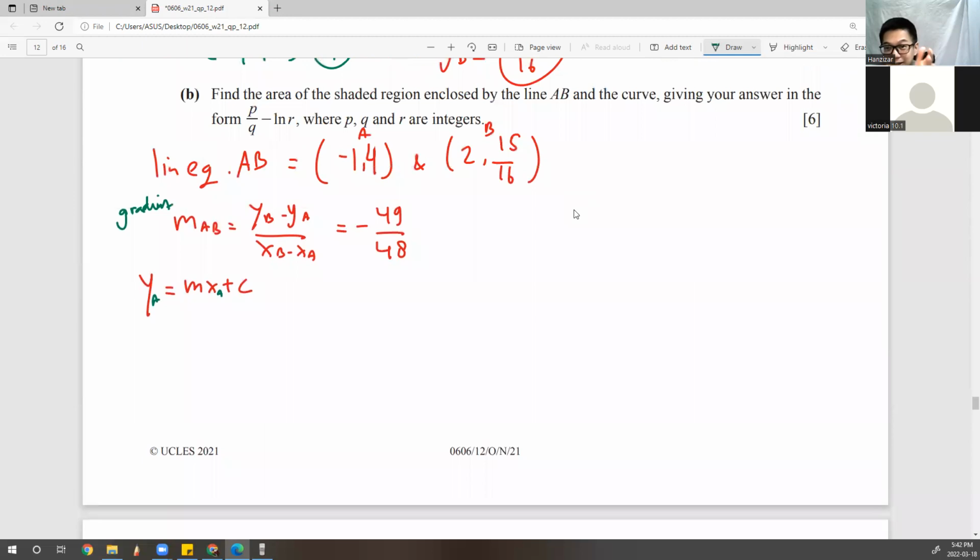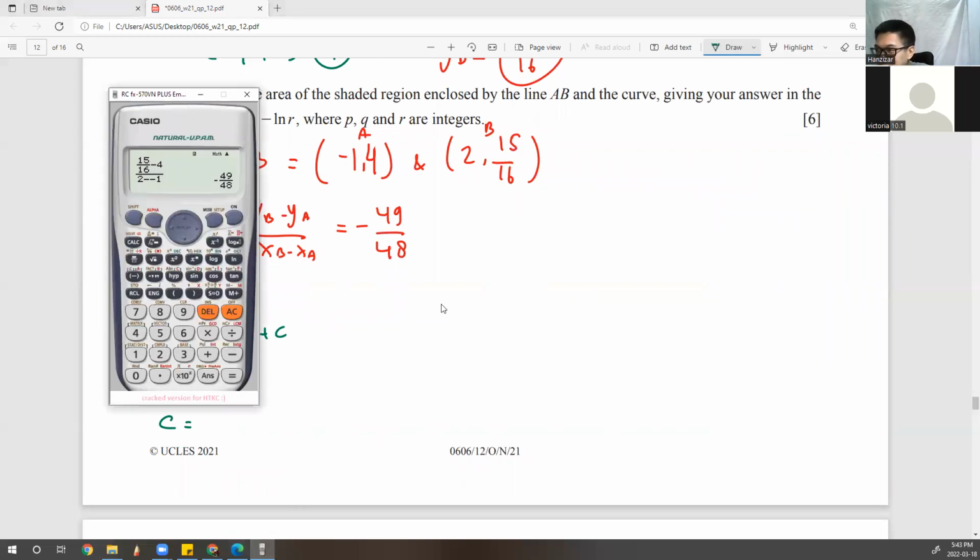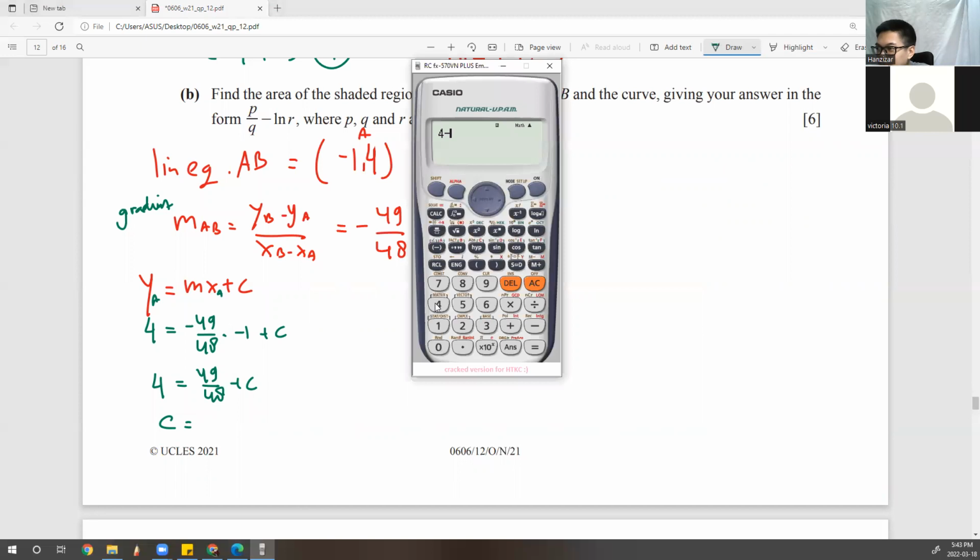So ya, this is another rule, equals negative 49 over 48 times negative 1 plus c. Then 4 equals 49 over 48 plus c. Again, you might use your calculator, so please use your calculator. 4 subtract 49 over 48.